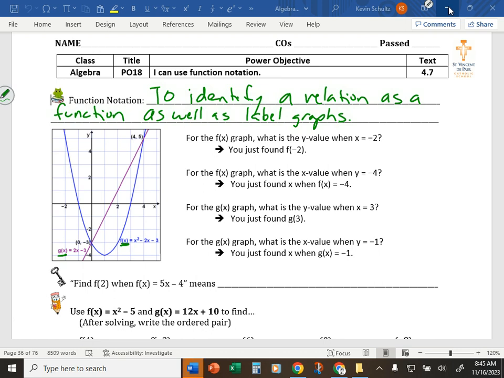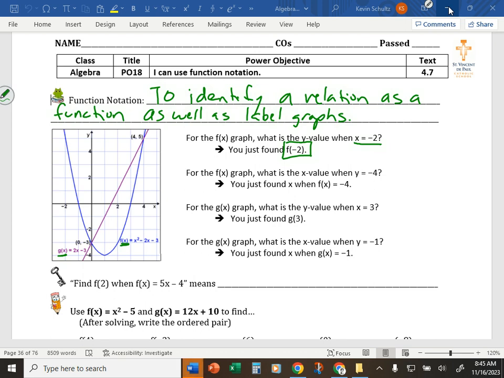Then we got into a big discussion about what function notation will ask you to do. We said for the f of x graph, what is the y value when x equals -2? And what that looks like, you'll see it on your homework if you glance down the page there. It says f of -2.